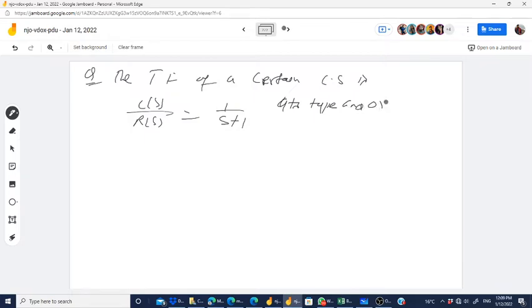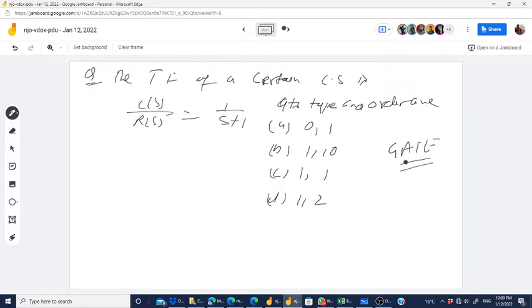Options: A, 0 comma 1; B, 1 comma 0; C, 1 comma 1; and D, 1 comma 2. And this question has been asked in the GATE exam. You can verify.